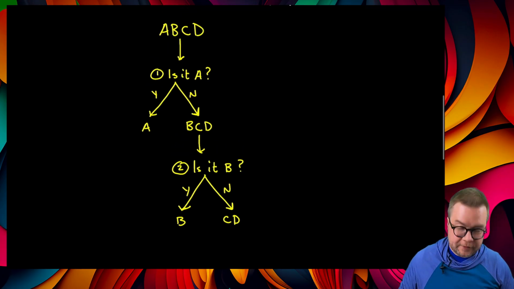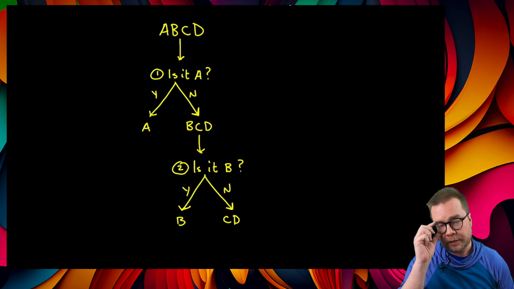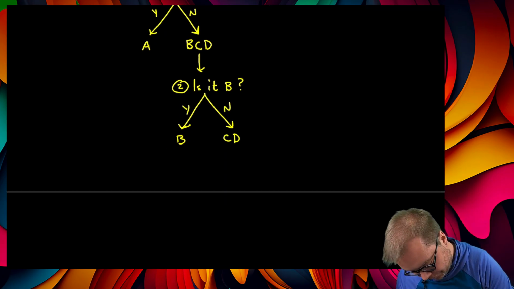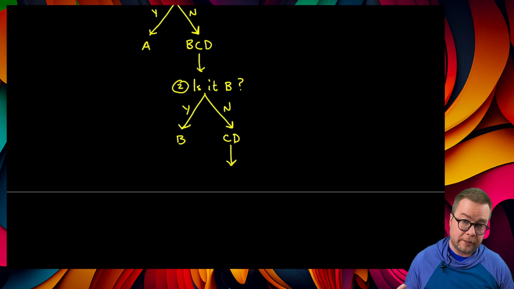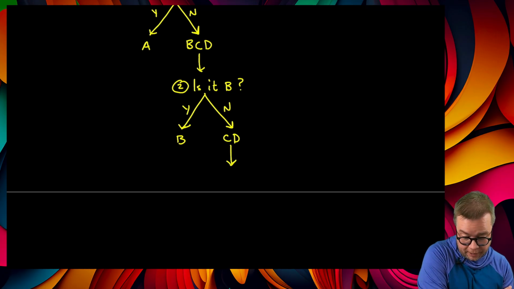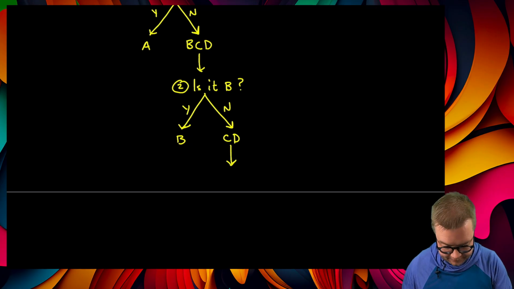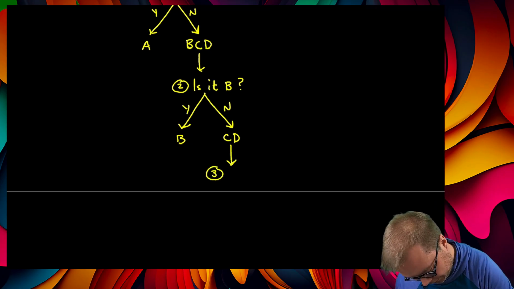And so you can see for this series of questions, every time we ask a question, we kind of branch off in two, right? We've got two options. Either the answer to that question was yes or the answer to that question was no. And then if we want to figure out, if it's not A and if it's not B, then clearly the only other option is C or D. And we can ask one more yes or no question, which is, is it C? Or equivalently, we could ask, is it D? So the third question, we could ask it either way.